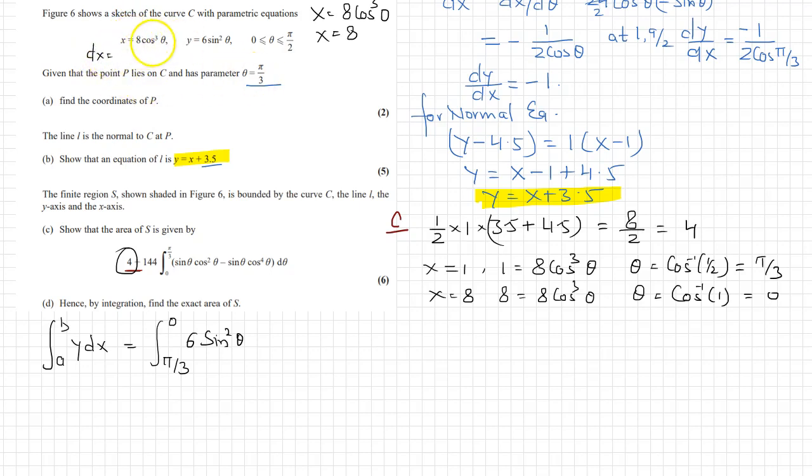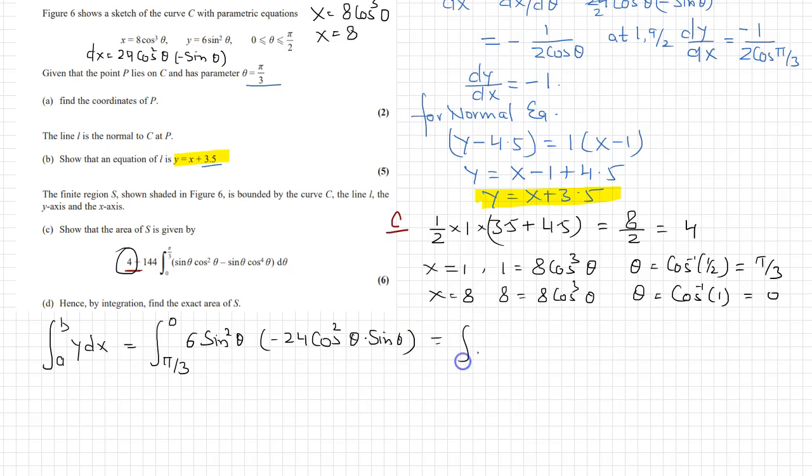So dx will be 8 times 3 is 24 cos square theta, and derivative of cos theta is minus sine theta. So dx will be minus 24 cos square theta sine theta.